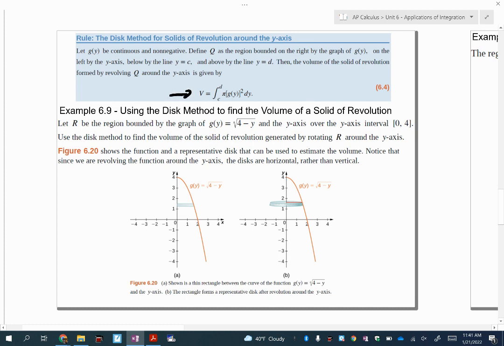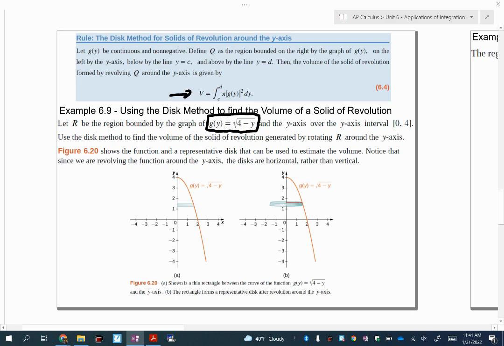We're just using our y values of integration, and you'll see when we do the review problems before we take this test that the AP exam is going to give everything to you in terms of x, and you've got to rewrite it in terms of y. In this problem, they've given us the function written with the letter y, but you'll have to do a little bit of algebra when we do those problems.